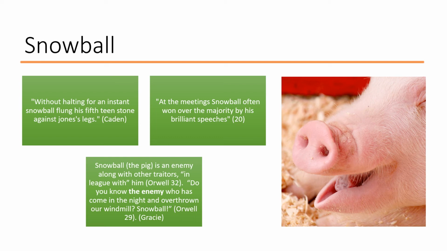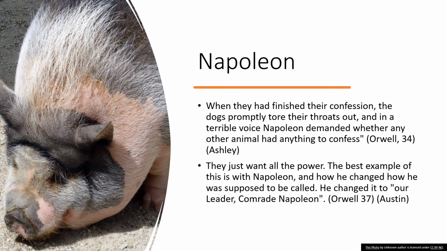And of course, that's all made up. If you saw the animated film yet, you know the film shows Snowball having a different outcome, let's say, to Snowball leaving the farm than the book implies. So Napoleon.